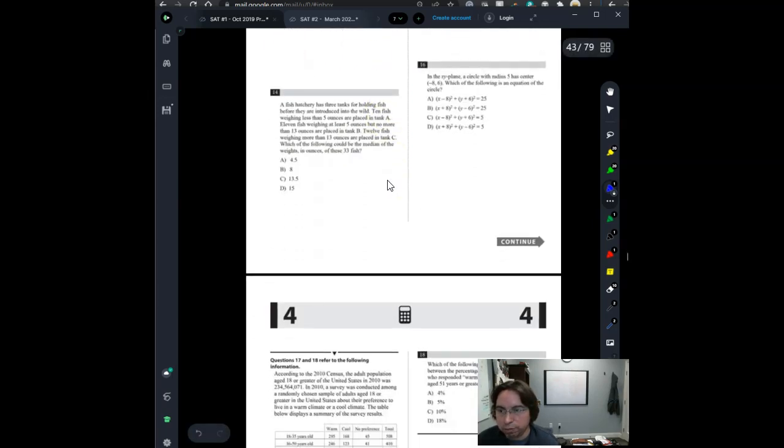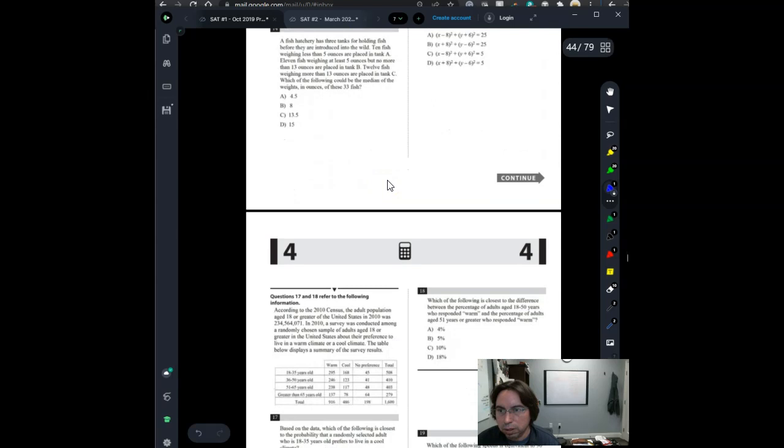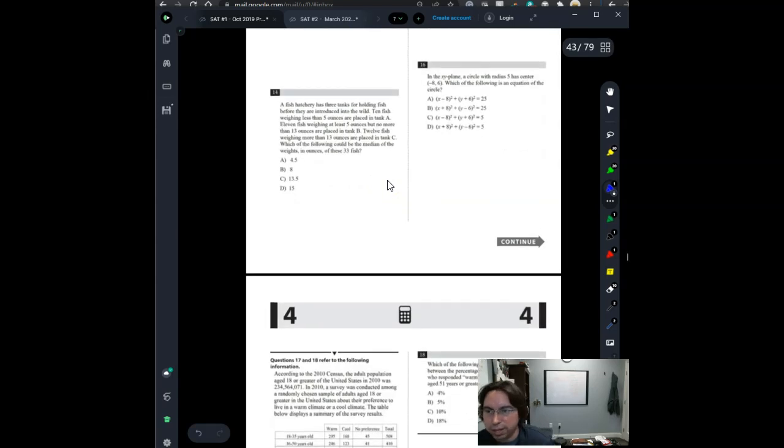Okay, let's look at number 14 here. 14 is telling us that a fish hatchery has 3 tanks for holding fish before they're introduced into the wild. 10 fish weighing less than 5 ounces are placed in tank A. So let's write this so we know that tank A has 10 that are less than 5 ounces.